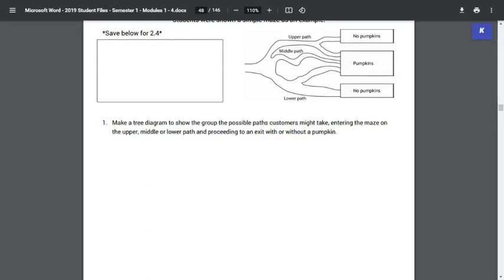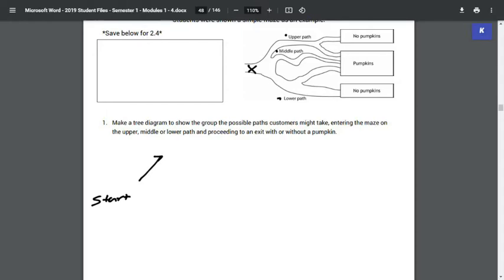When we create a tree diagram, we're going to have our starting point. This is where we all start. The best way to look at it is, if you're right here, your first option is you can take the upper path, the middle path, or the lower path. So you've got three options there.